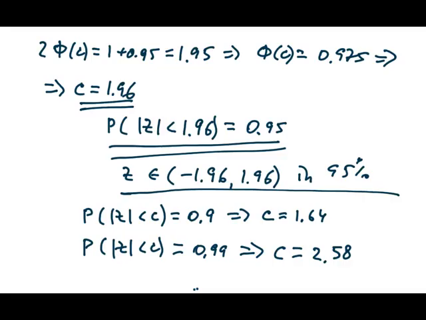Again, if we make 100 observations, then in 99 cases out of 100, z will be between minus 2.58 and plus 2.58. In 9 cases out of 10, z will be between minus 1.64 and 1.64. It's quite similar to what is here. Just this number changes and this number changes.